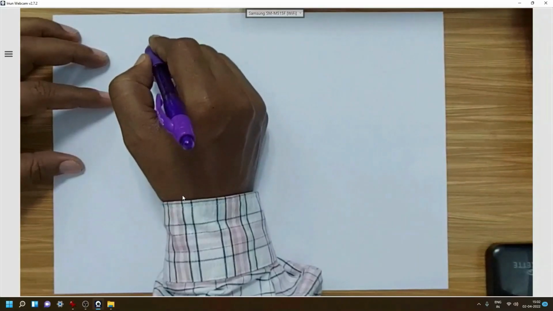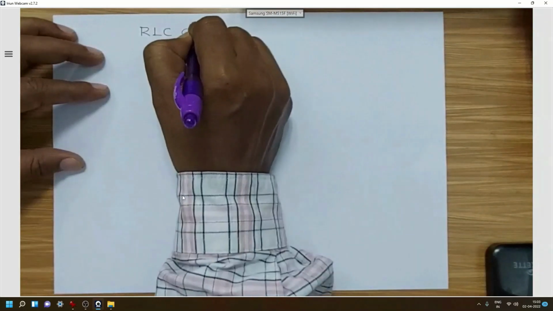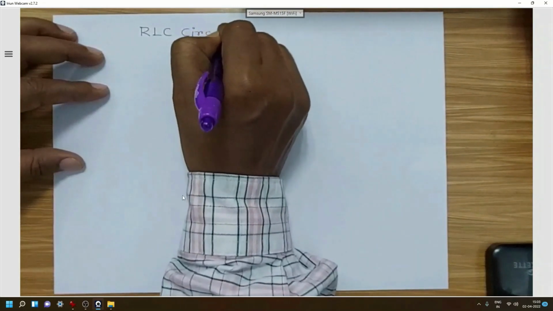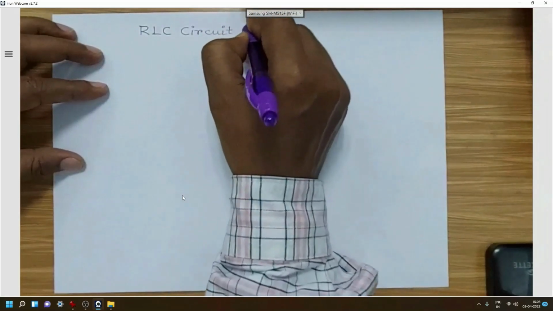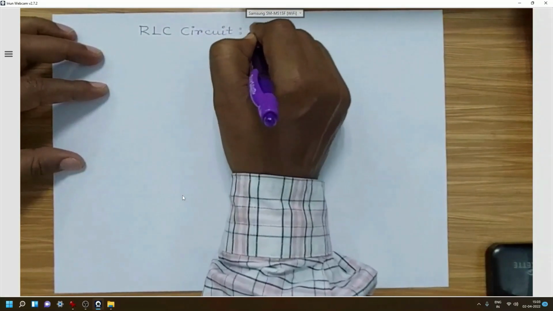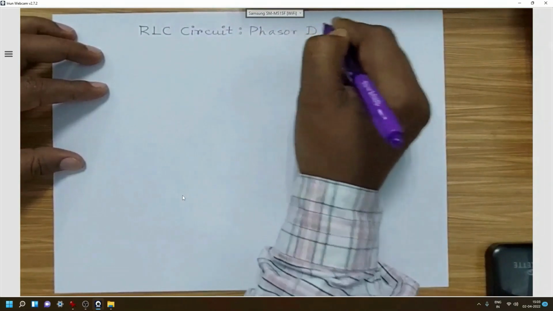Good morning all. So today we will study the RLC circuit to understand its phasor diagram. We will study the phasor diagram for the RLC circuit.